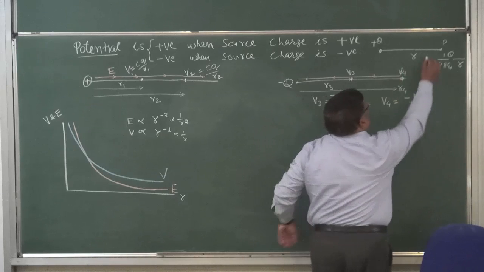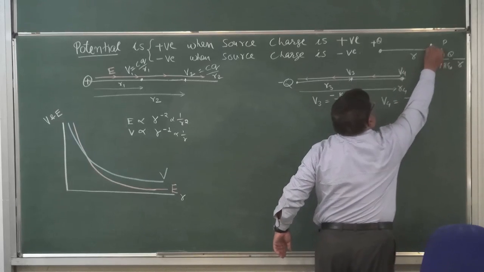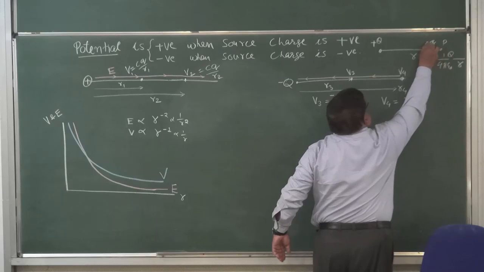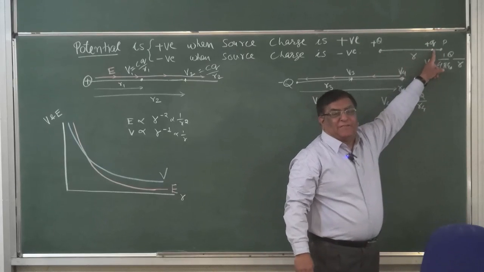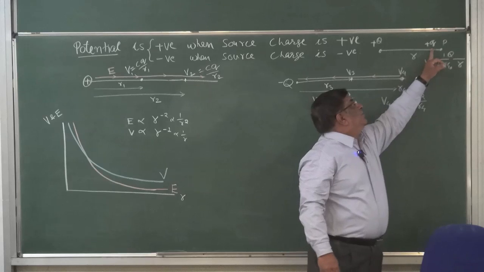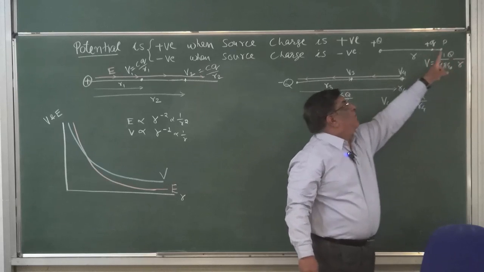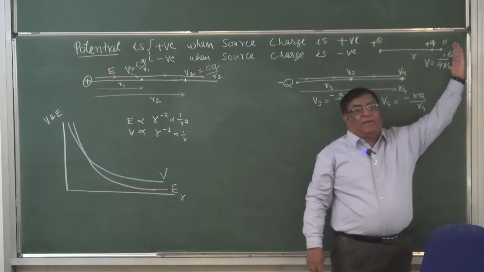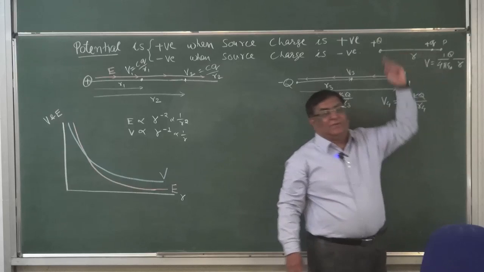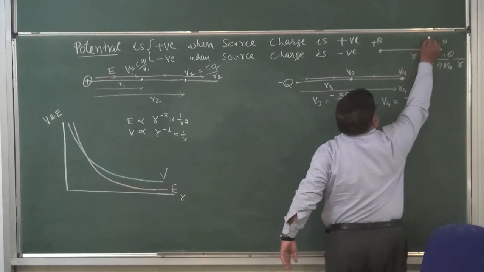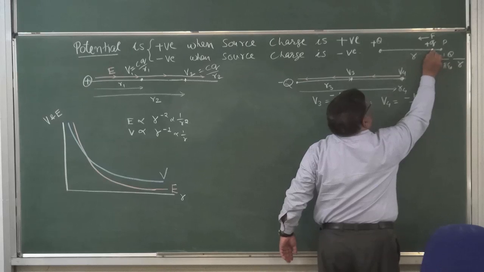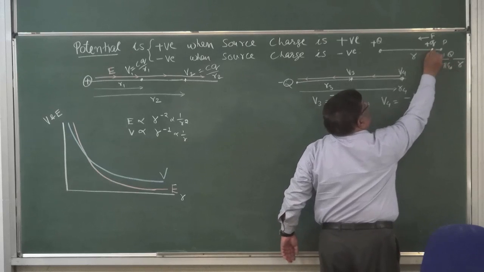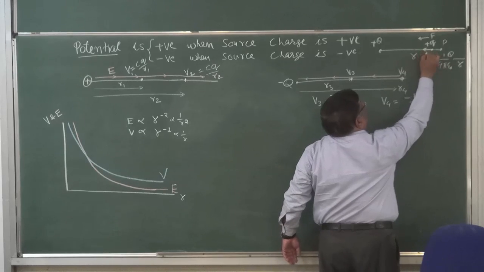Plus, and what do I have in my hand? Q, and this Q is also plus. What is the natural force between the two? Repulsion. It is trying to go in this direction. So if I want to bring it here, I have to apply a force in this direction. This is the direction of my applied force, and my displacement is in this direction.